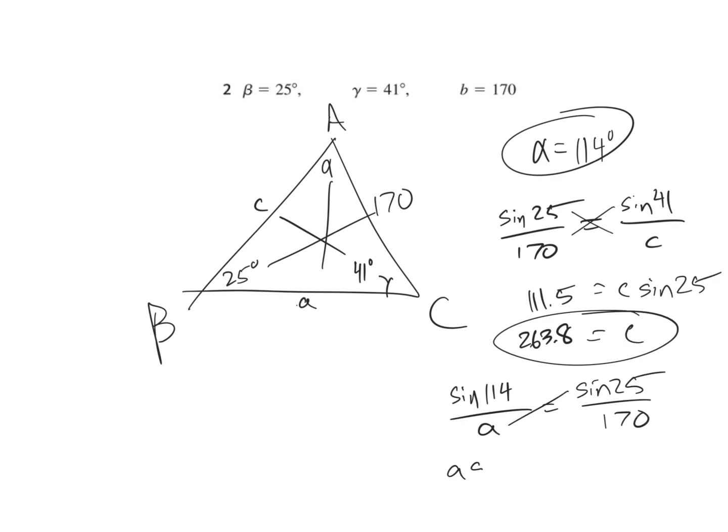So a times the sine of 25 is equal to the sine of 114 times 170, which is 155.3. Now divide by the sine of 25, and that gives us 367.5. All right, let's move on from there.